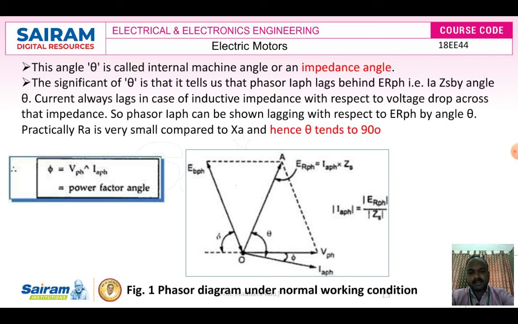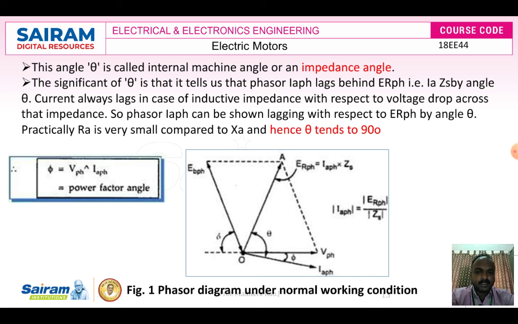Here we can see the phasor diagram. The angle between VPH and IPH is phi, the power factor angle, the angle between voltage and current. Theta is the impedance angle.